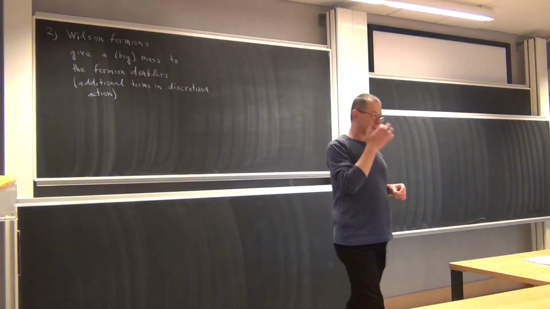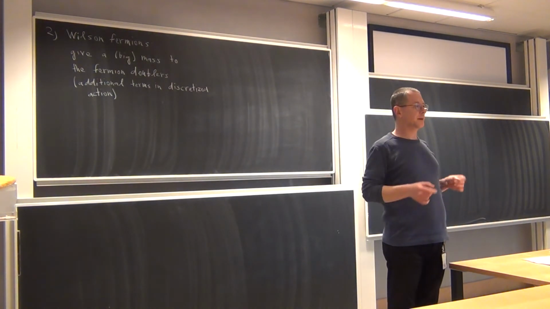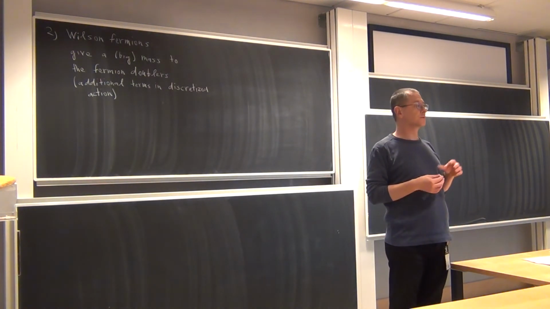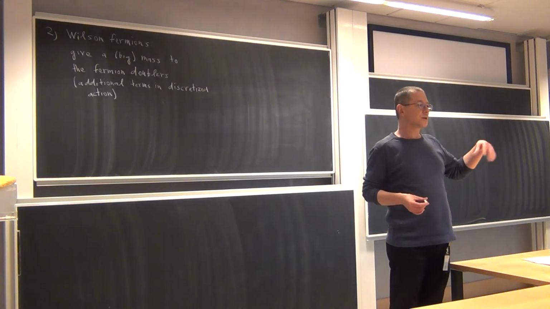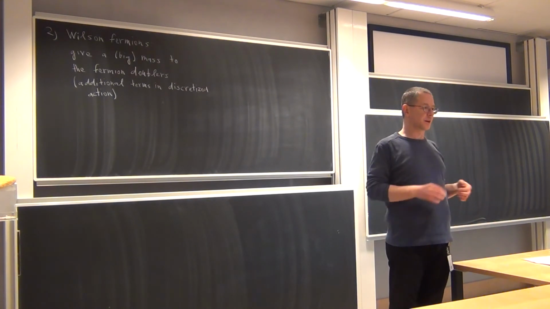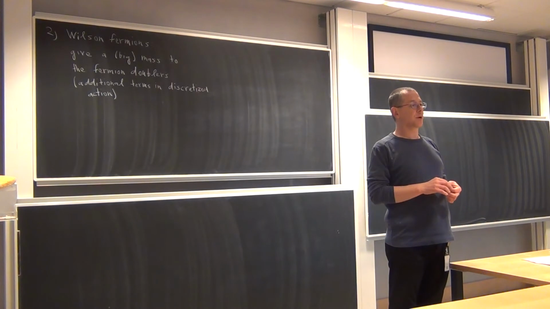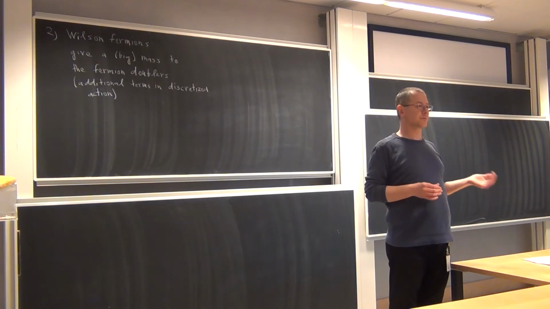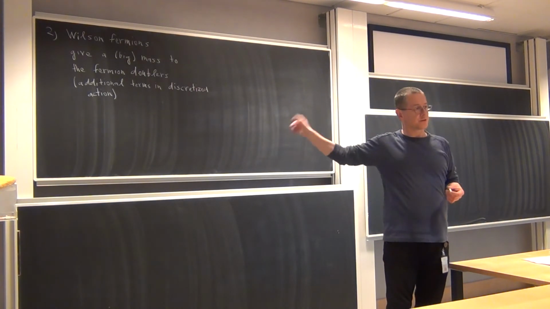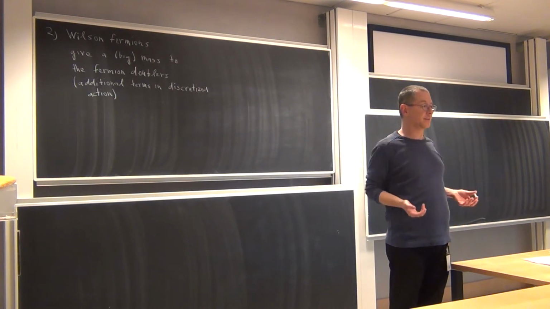However, there is one unpleasant thing about that. If you give a big mass to something which is related to light particles, and the light particles should show some symmetry, the chiral symmetry, then by this effect here you basically break by hand the chiral symmetry.